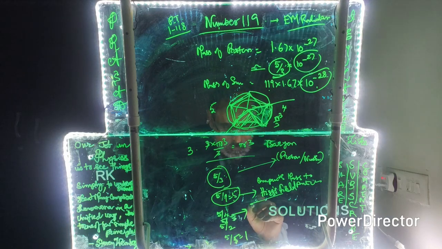then this should also be a particle. Which particle is it? I propose that this 5 by 4 is the elusive graviton. It is eluding you.